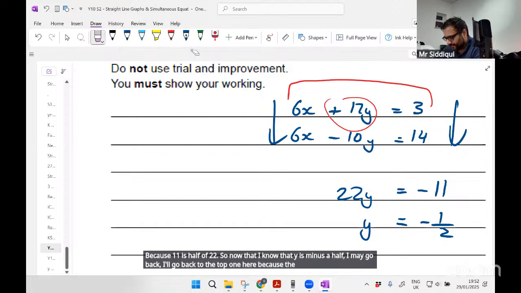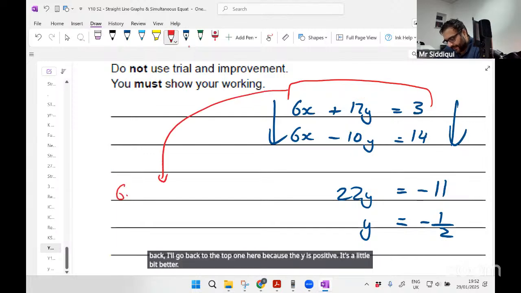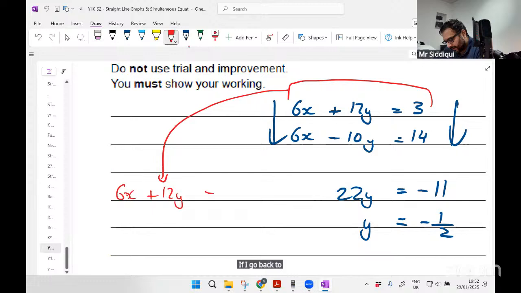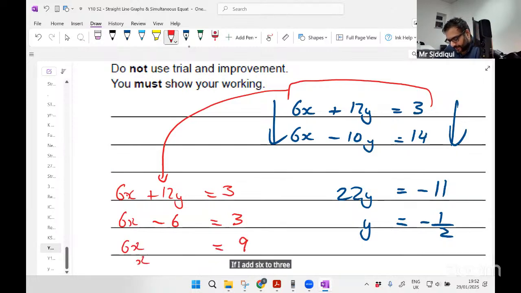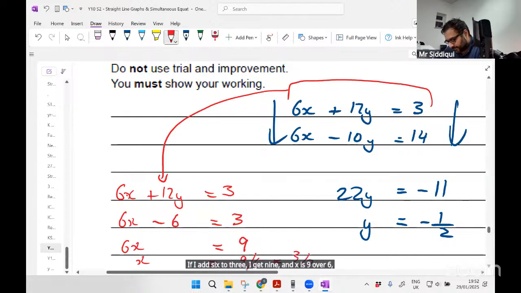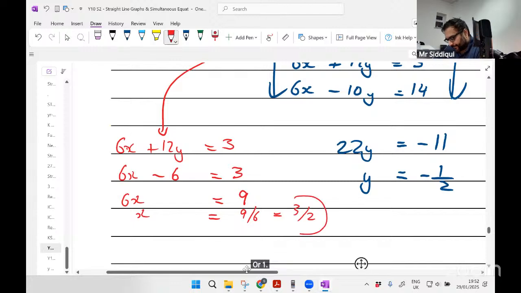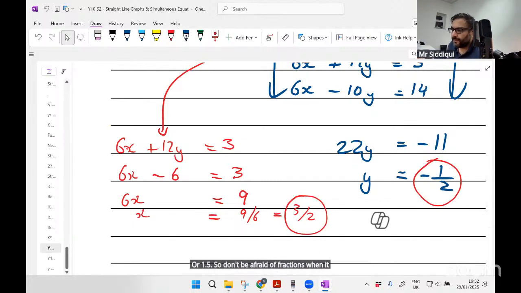It's a little bit better. 6x plus 12y equals 3: 12 times minus a half is minus 6. If I add 6 to 3, I get 9, and x is 9 over 6, which is 3 over 2, or 1.5. So don't be afraid of fractions when it comes to these questions. They often end up being fractions.